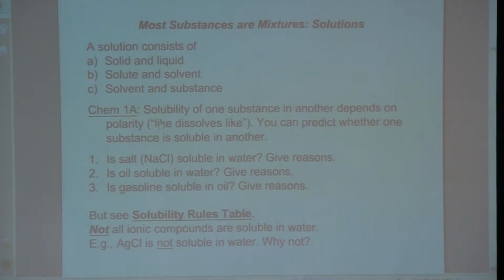So what do you need to say if you want to get full credit in Chem 1B for the solubility of one substance in another? Yeah, so you have to look at lattice energy versus, and what type of solution does that refer to, those energies? Yeah, ionic solutions. What about molecular solutions?